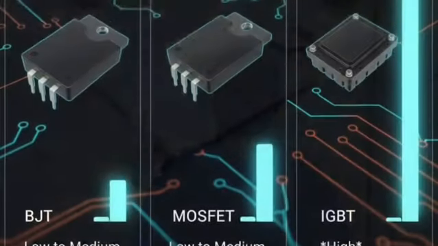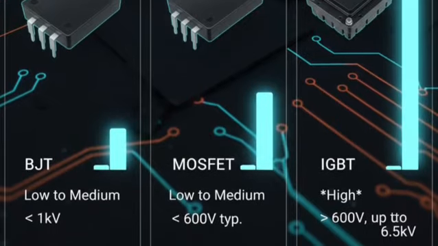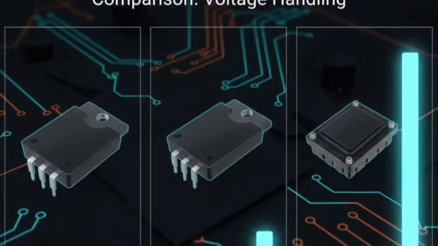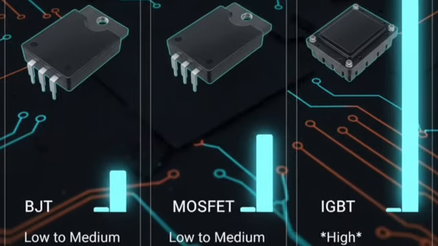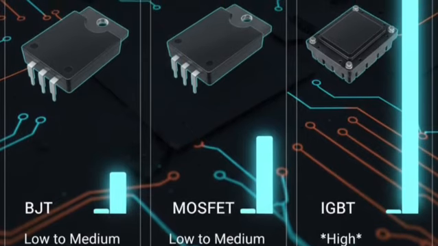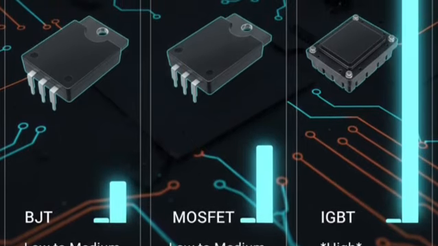Voltage handling is low to medium, which is nothing but less than 1 kilowatt, in MOSFET, we would say low to medium at less than 600 volts, whereas in IGBT it's high, which is greater than 600 volts up to 6.5 kilovolts.